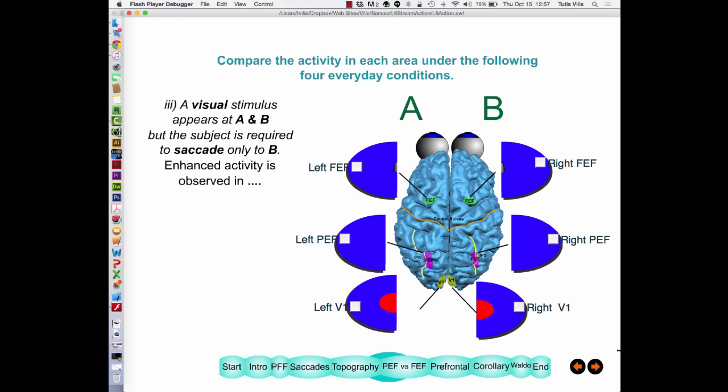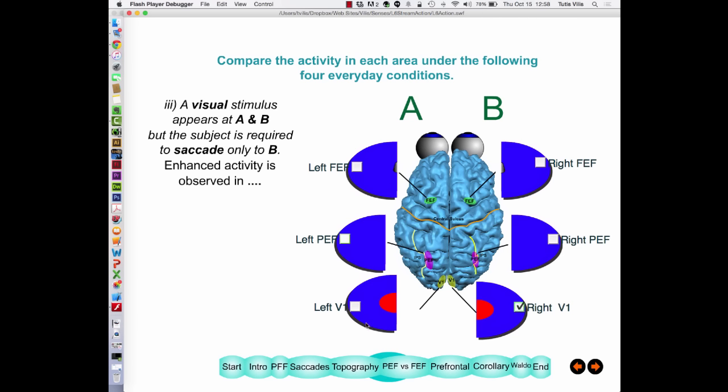Now, let's say you have another task. You have stimuli appearing at A and B, but you have to make a saccade only to B. So your task is only to B. What activity would you see in these areas? Would you see activity in the right V1? I see some nods.